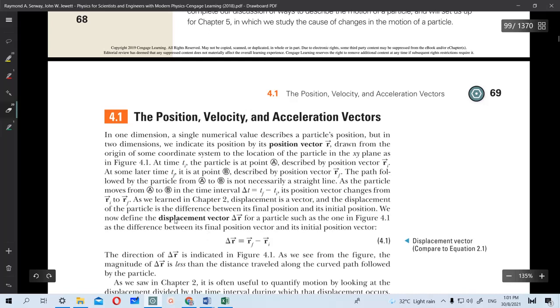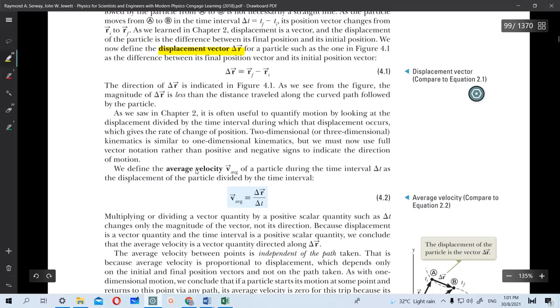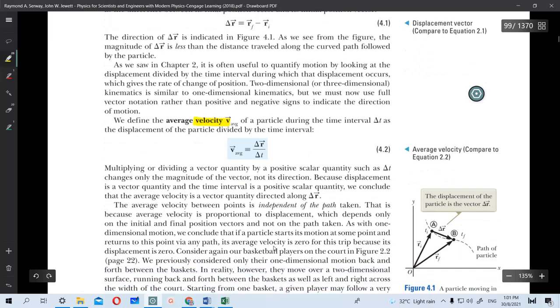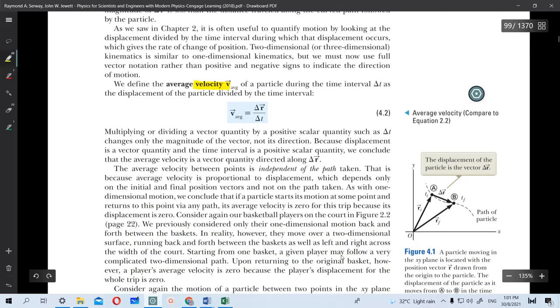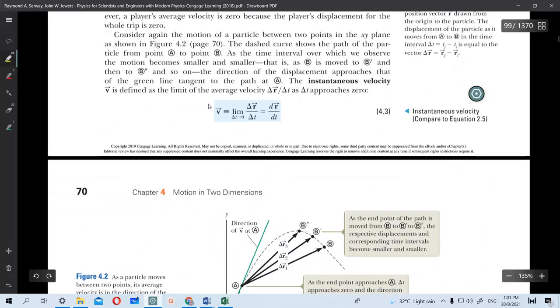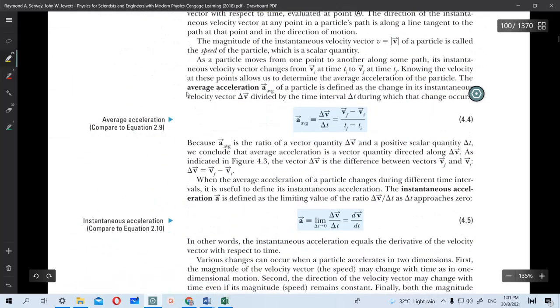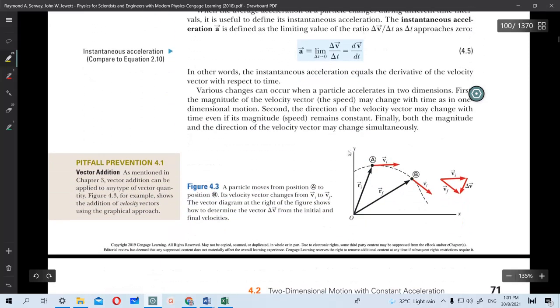For instance, the concept of displacement, that delta is final minus initial, and velocity. Remember that all these quantities belong to the concept of vector. The tangent, when you are measuring the slope of x, is where you arrive at the instantaneous velocity, acceleration or average acceleration, instantaneous acceleration and such.